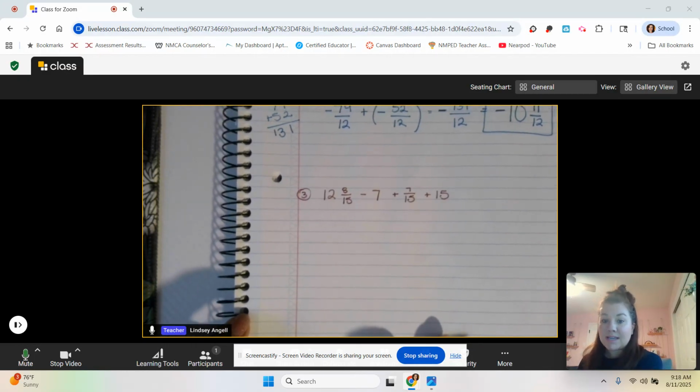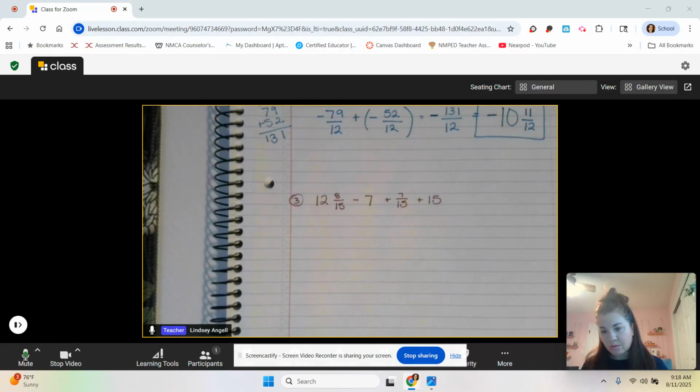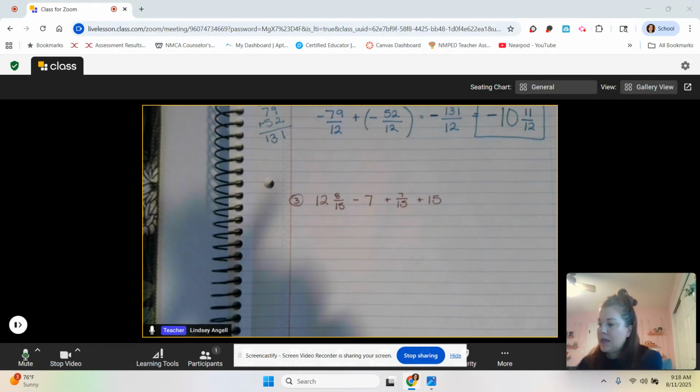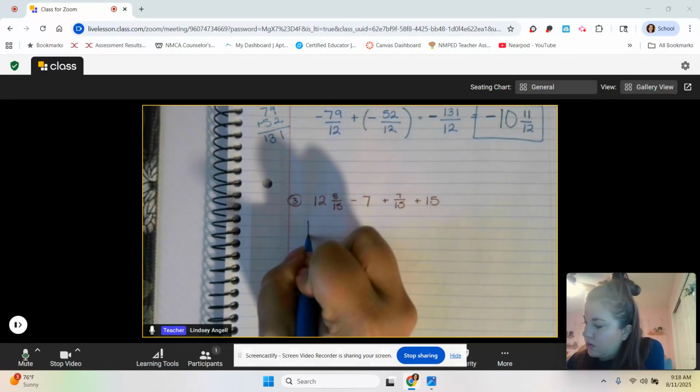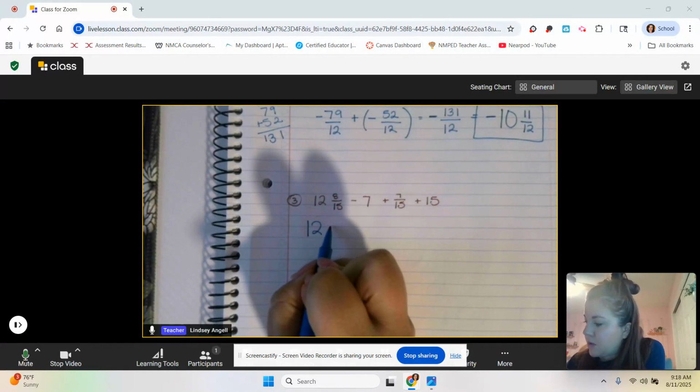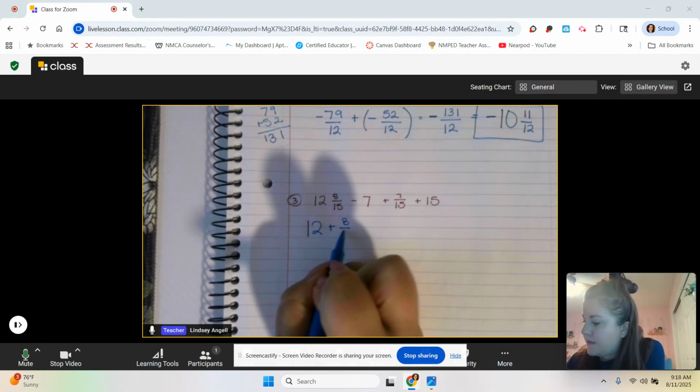Okay, with this one, so remember how we talked a tiny bit about the associative property of addition. We talked about the commutative property of addition and different things like that, right? So I can actually break these numbers up. If I break this up, would it be fair to say 12 plus 8/15?